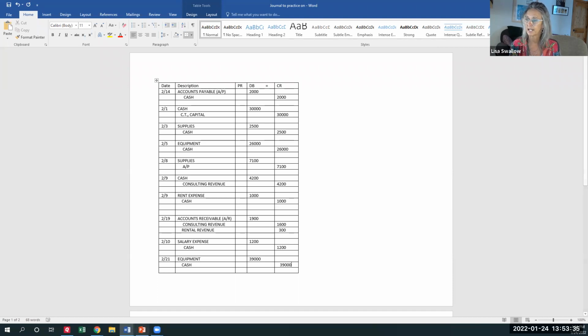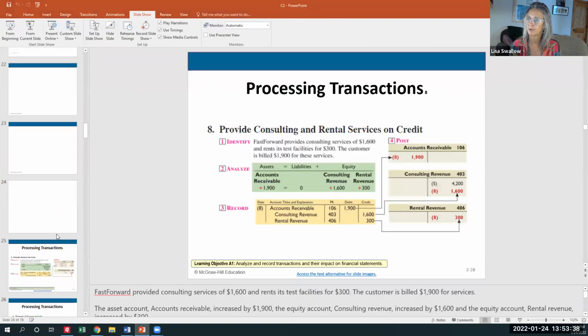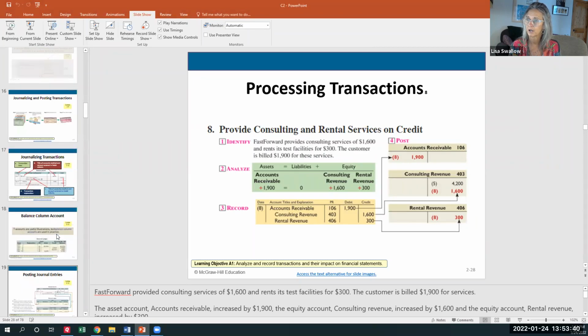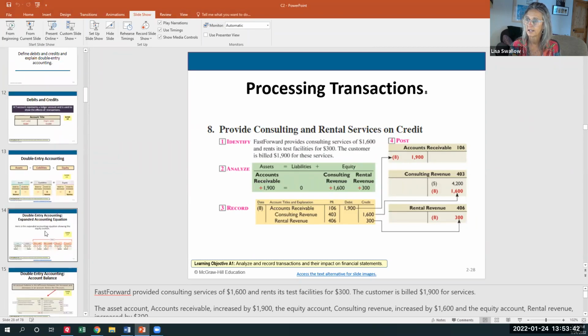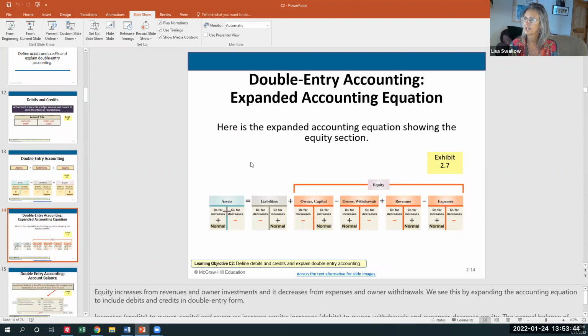So for this one, I think we need to go back one more time and relook at our cheat sheet. I know that my asset of cash went down, right? Because he wrote himself a check out of the business. So I've got to credit my cash. Which of these things do we have to use? This is an example of a withdrawal, and it makes equity go down, so it has a debit balance.